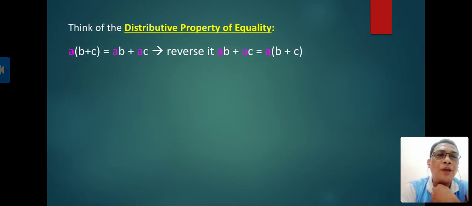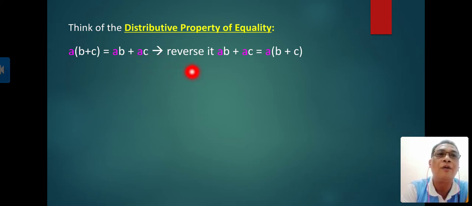When we are dealing with factoring a polynomial by GCF, you have to think of the distributive property of equality. From our grade 7 lesson, the distributive property means a times the quantity b plus c is equal to a multiplied by b plus a multiplied by c.